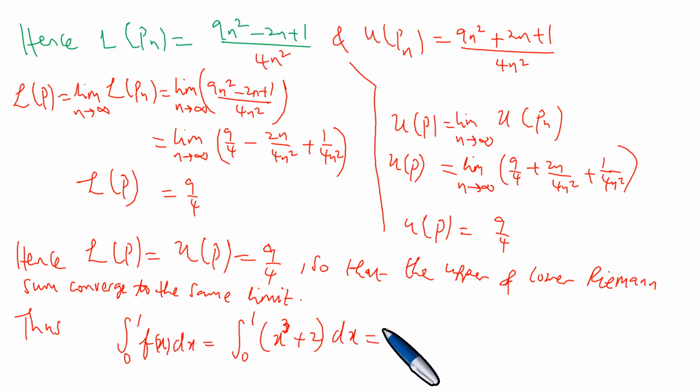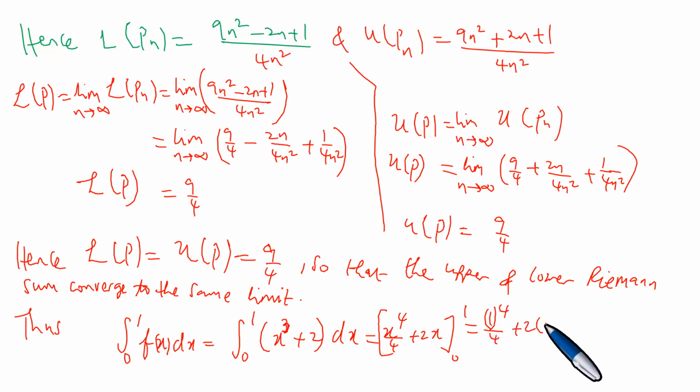It's x to the 4th power over 4 plus 2x using first year techniques. Just that we are doing things here using partitions. Substitute everything here: 1 to the 4th power over 4 plus 2 into 1 minus 0. 4 by 2 is 8 plus 1, 9. So this integral is 9/4, which is equal to LP, which is equal to UP.